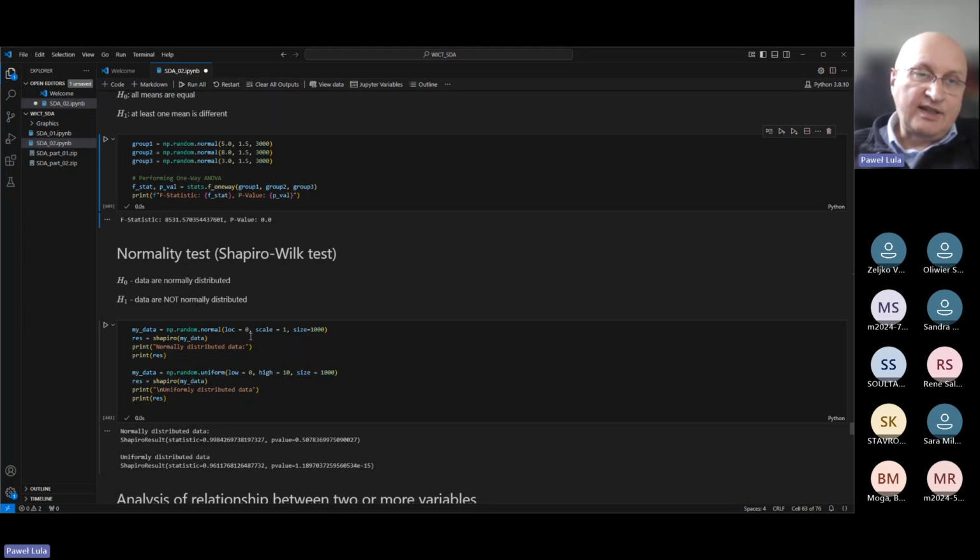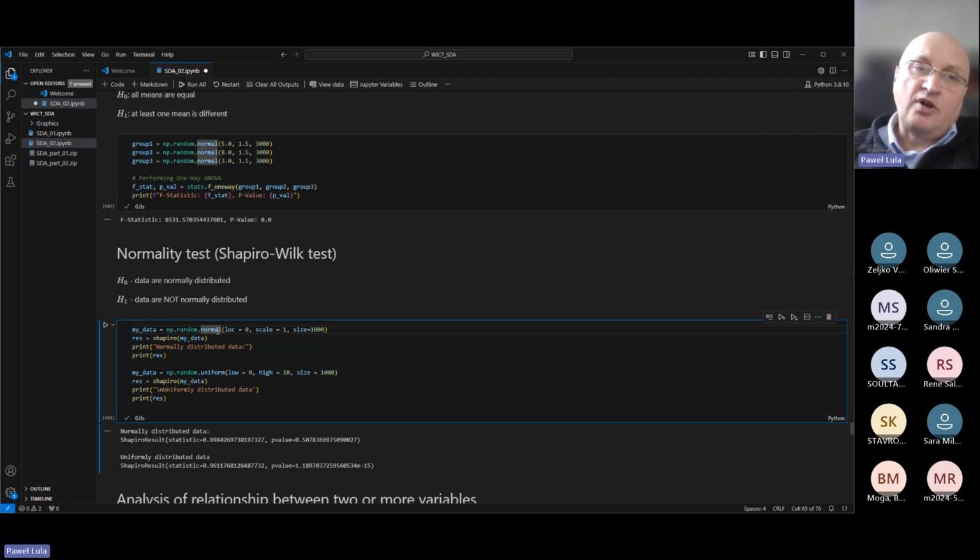Therefore, we selected randomly some elements. We created this random sample. In our case, we did not select them randomly, but they were generated. So it is an artificial sample.